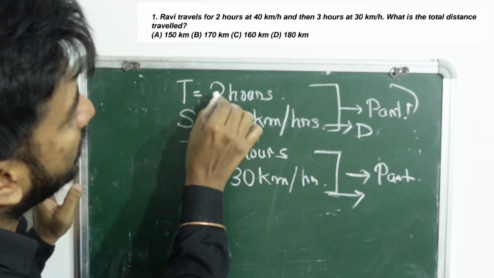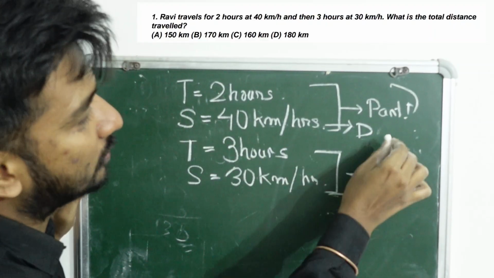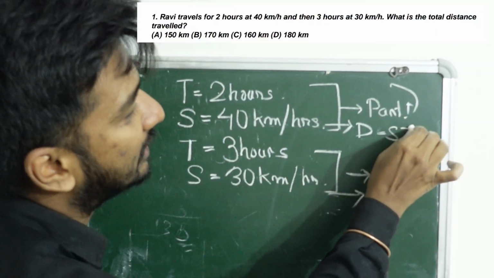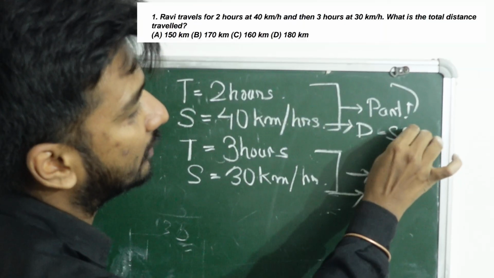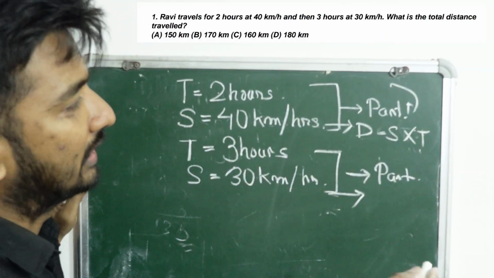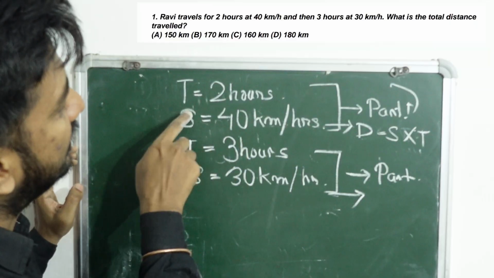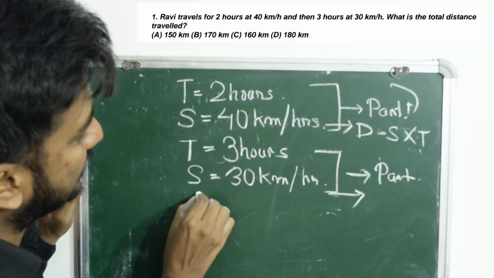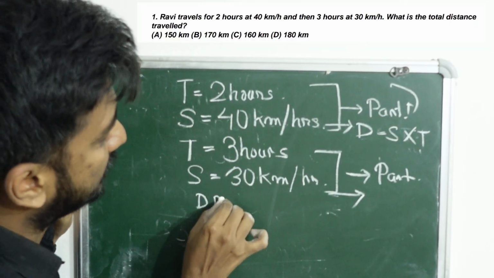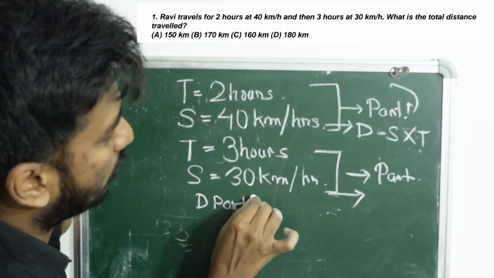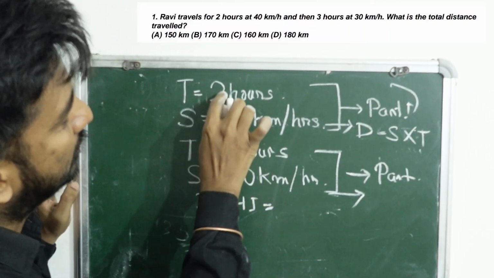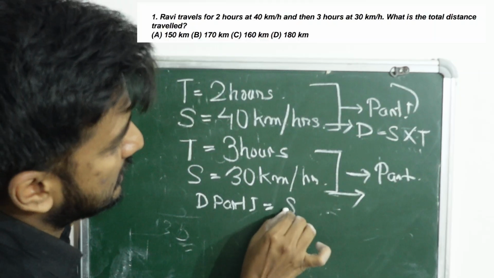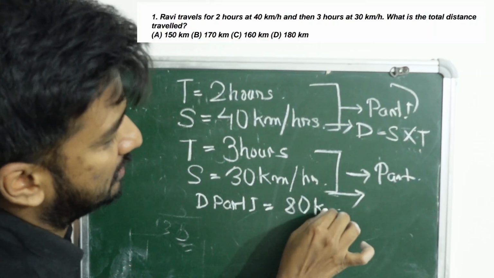Part 1, where distance equals speed into time. We already know, so I will not take the time. Speed, this is 40. Distance part 1, 80 kilometers.